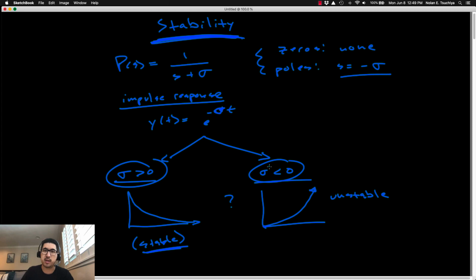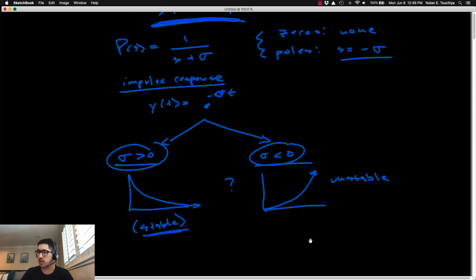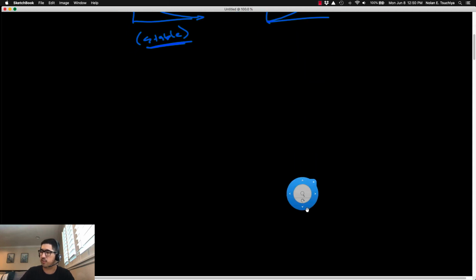If sigma is negative, we have an unstable system. So the takeaway here: stability depends on the poles of the transfer function. Now that we've established that, let's actually define stability so that later down the line we can relate the concept of stability to the actual pole location of the given transfer function.